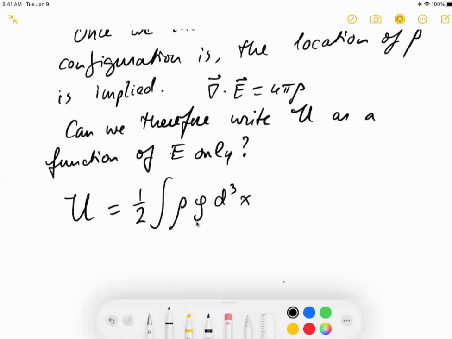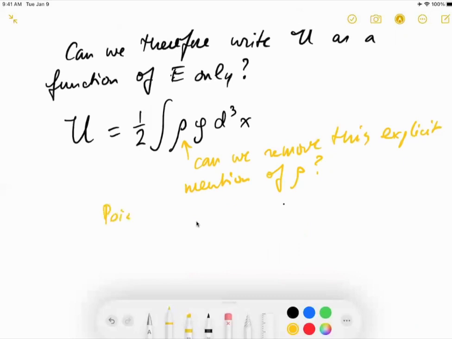We would like to remove this explicit mention of a rho. Well, yes, we can. We can use the Poisson equation, which says that the Laplacian of phi is minus 4 pi rho.